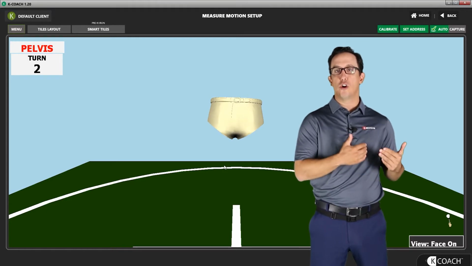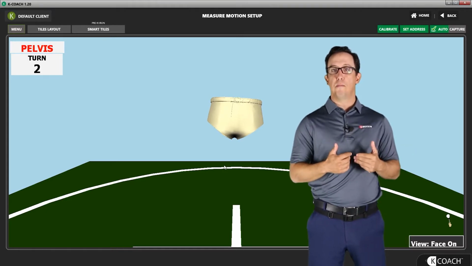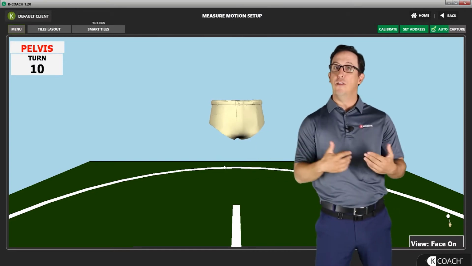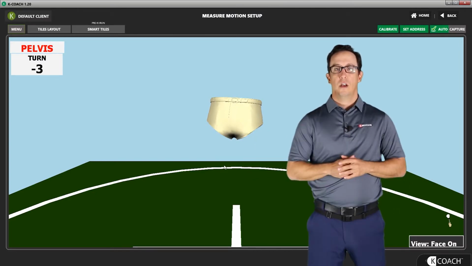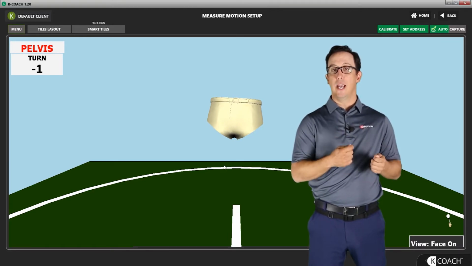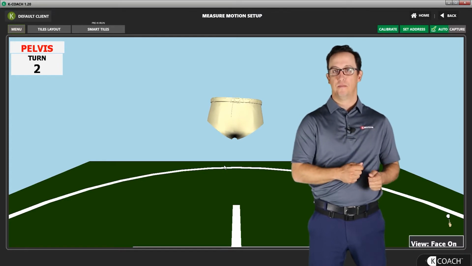Typically, a larger amount of rotation will give the player more time to produce speed in their downswing. The proper amount of rotation is very dependent on the player and what their body is able to produce.